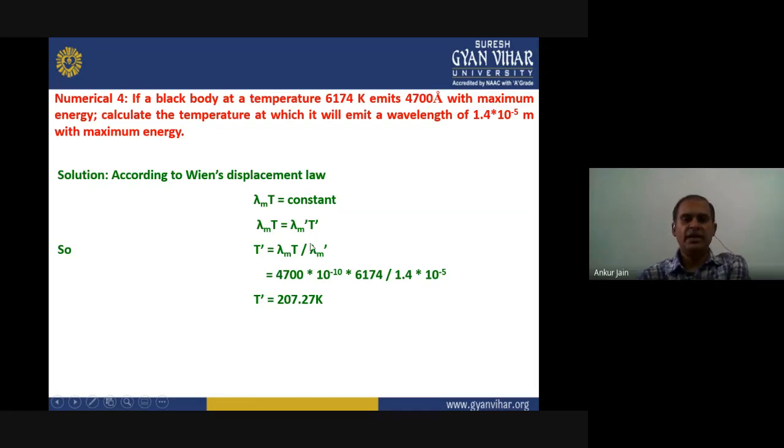Putting the value of lambda m, that is 4700 angstrom, which we can convert into meter, it becomes 4700 × 10^-10 into 6174 Kelvin, that is the value of T, divided by this wavelength, 1.4 × 10^-5 meter. Here it is given in meter, that's why we have converted also into meter. So it will give the value of T dash as 207.27 Kelvin. Okay, this is the solution for this numerical.